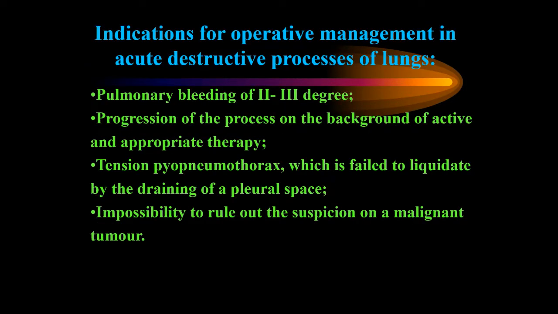Indications for operative management in acute destructive process of the lung: pulmonary bleeding of the second and third degree; progression of the process on the background of active and appropriate therapy; tension pneumothorax, which fails to resolve with drainage of the pleural space; and impossibility to rule out the suspicion of a malignant tumor.